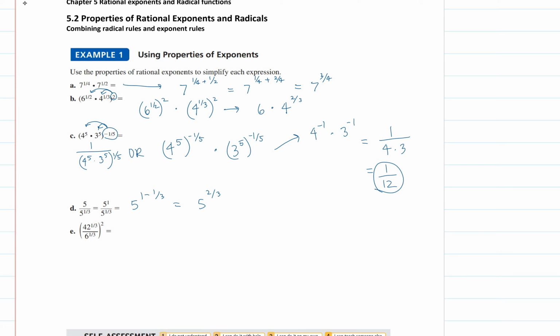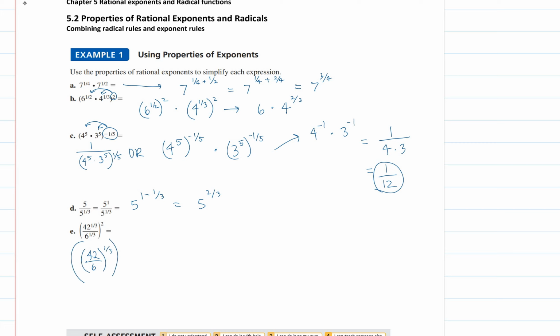Lastly, example E, we have 42 to the 1/3 and 6 to the 1/3, all of that raised to the second power. So here we're going to use our exponent properties backwards a little bit. Instead of having 42 to the 1/3 over 6 to the 1/3, I can rewrite that so that I have 42 over 6, but all of that is to the 1/3 power.